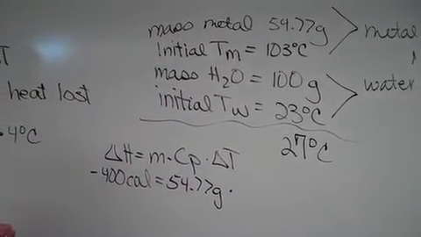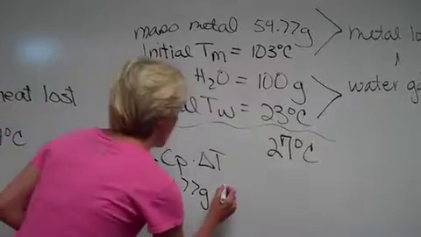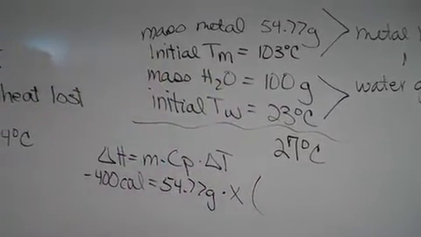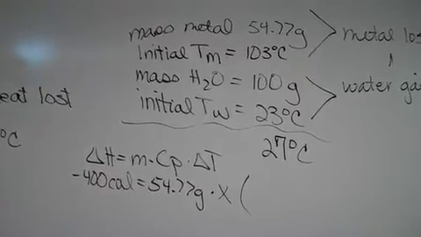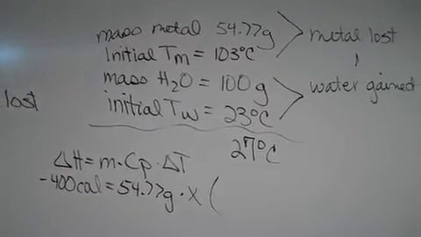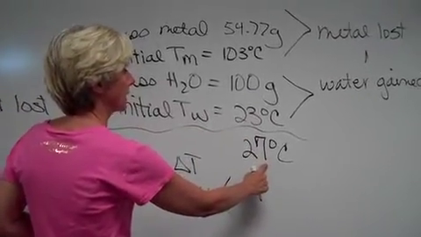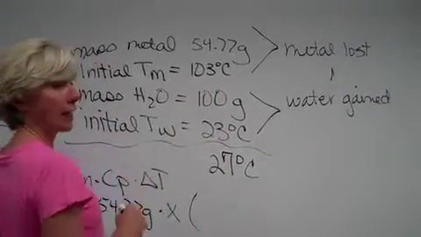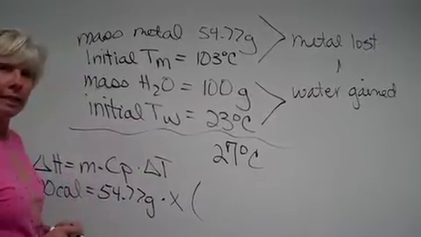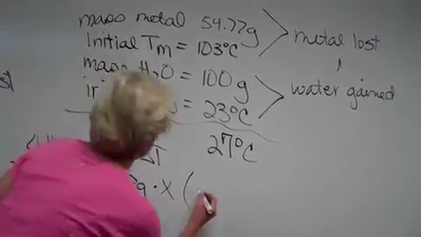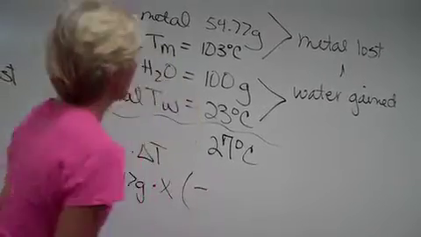Isn't that what we're trying to find? Times delta T. Final minus initial. What was the final temperature of the metal? The final temperature was 27 degrees. Minus 103. What's 27 minus 103? Negative what?